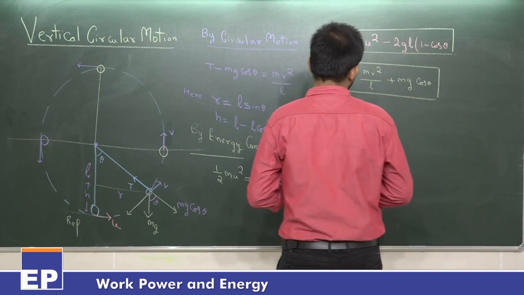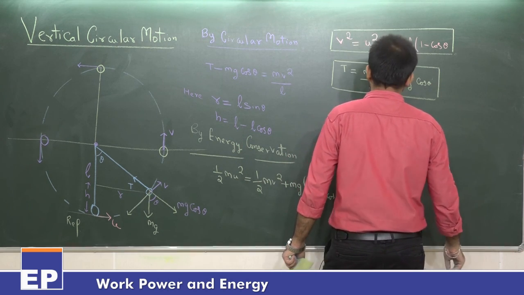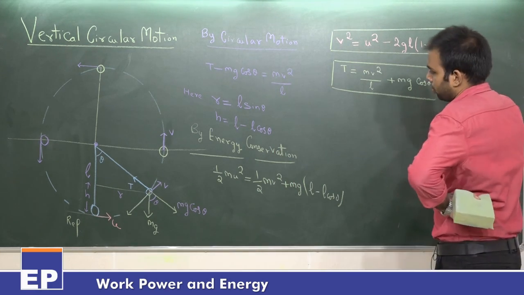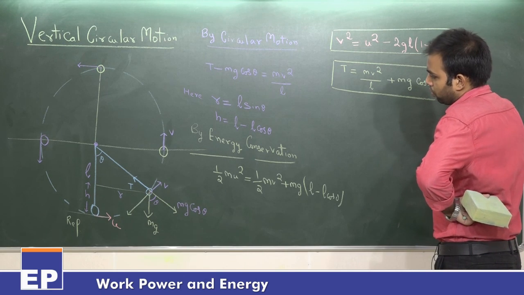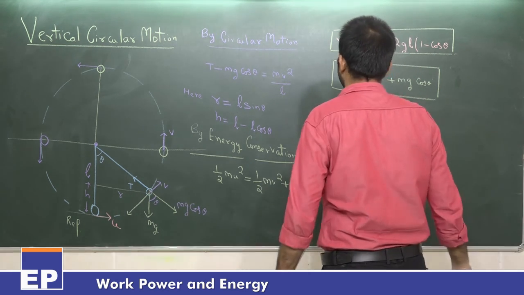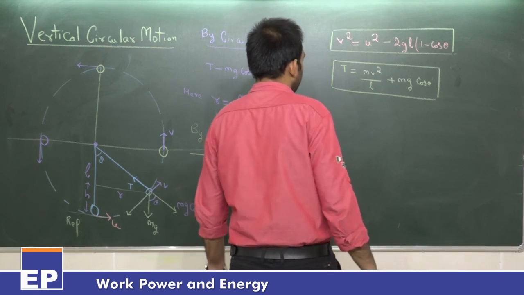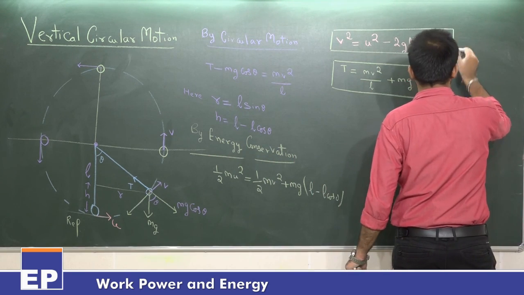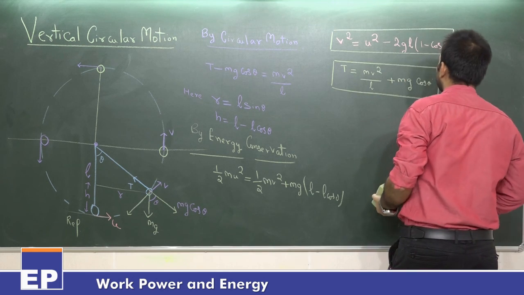So we can say this thing कि as the theta will increase, the cos theta will decrease. Look at this point. T minus mg cos theta is mv square by r. What is T? T is mv square by L plus mg cos theta. And here it will become v square is u square minus 2gL into 1 minus cos theta. Look at this thing first. I will convert it into the u square also.